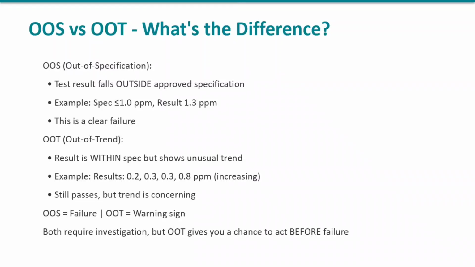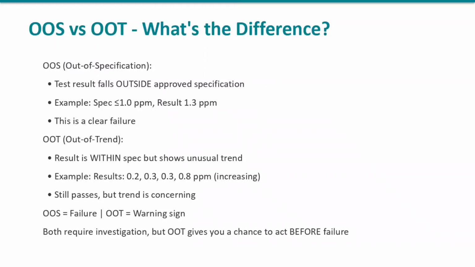Example: specification says less than or equal to 1.0 parts per million. Results over time are 0.2, 0.3, 0.3, 0.8 parts per million. The 0.8 is still within spec, but the trend is increasing. OOS equals failure. OOT equals warning sign. Both require investigation, but OOT gives you a chance to act before failure occurs.